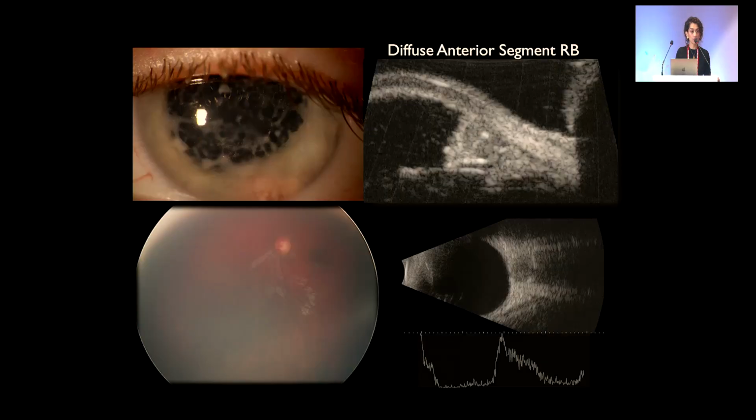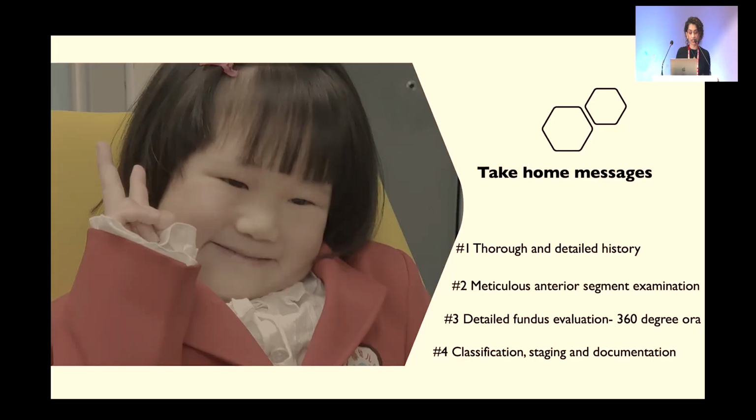Seema has already spoken about the classification, and another one is the diffuse anterior segment retinoblastoma, where the posterior pole can be absolutely normal, but the patient can present with either a nodule or these extensive lesions in the anterior chamber. So the take-home message from this particular presentation of mine is retinoblastoma is a masquerader.